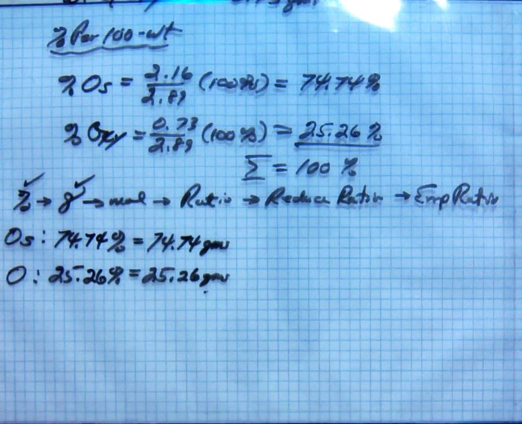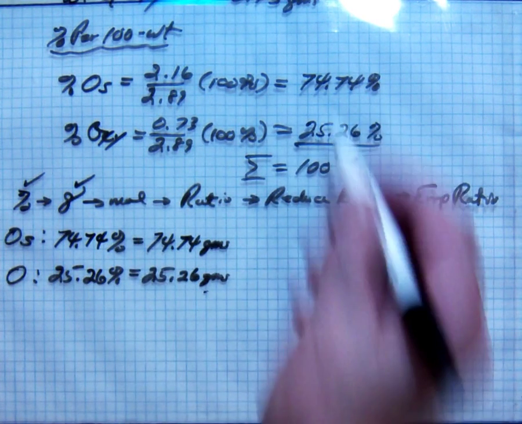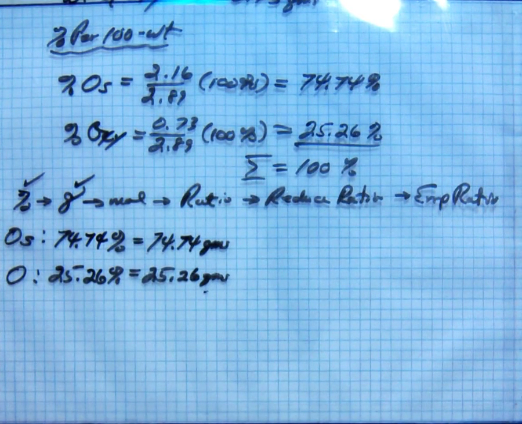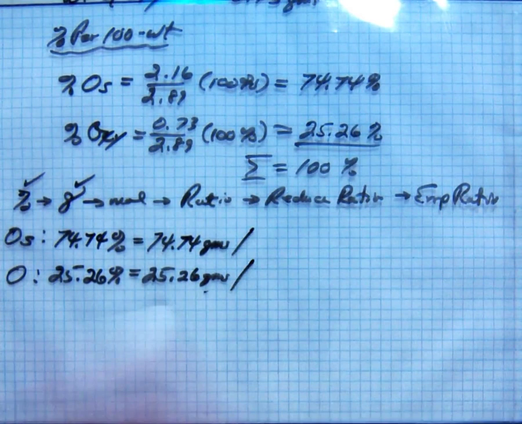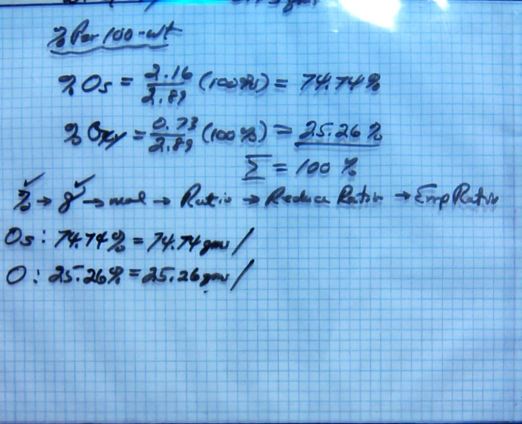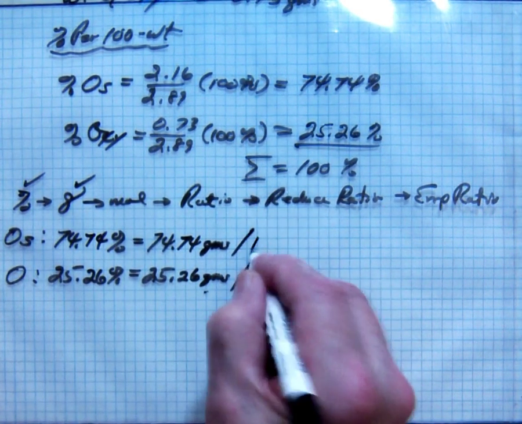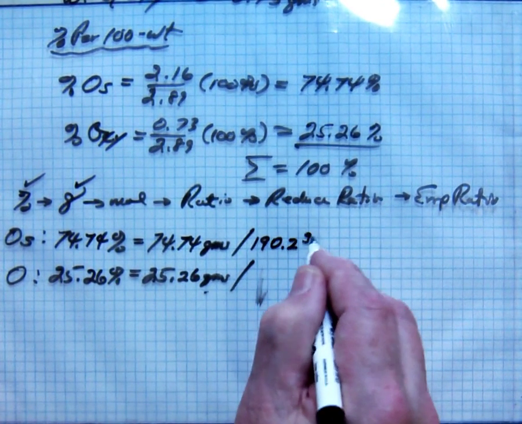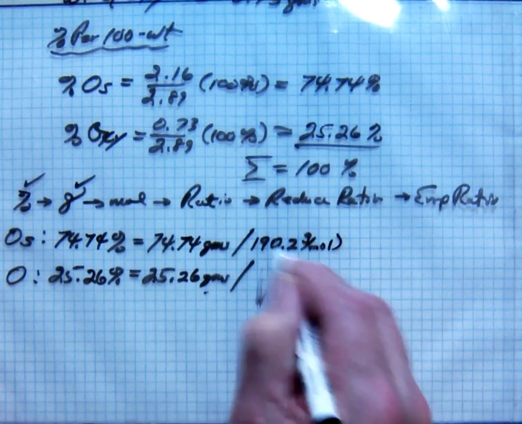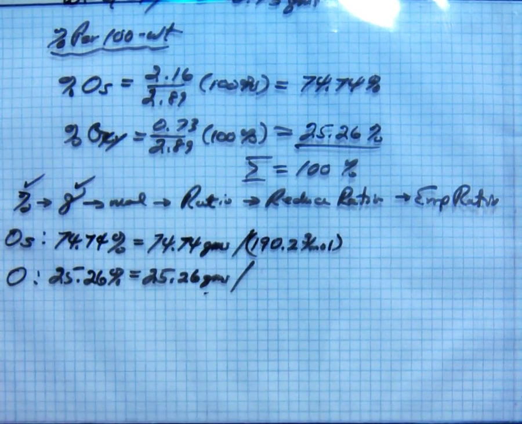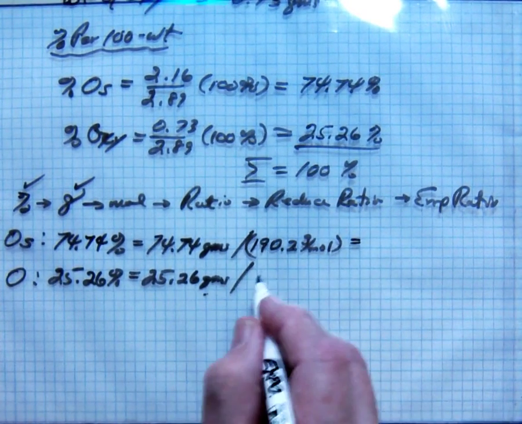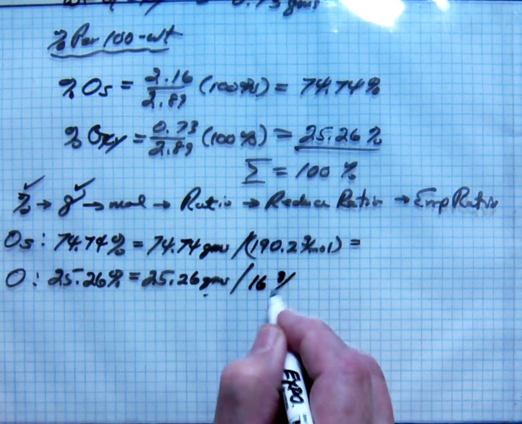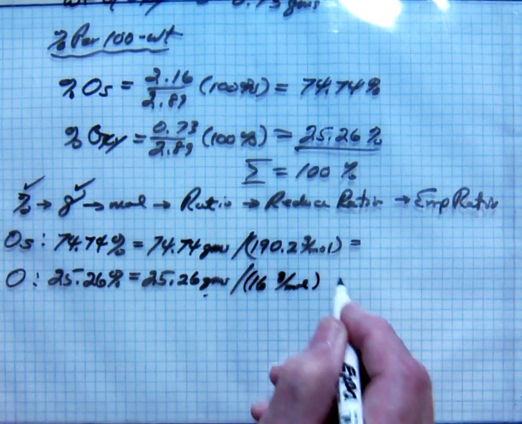Now, what do I have to do? Go to moles. Well, I have to divide each one of these by the formula weights, 190.2 for the osmium, and 16 for the oxygen. Now, what I typically do is I just put a slash right there because I know I'm going to have to divide by the formula weight, and it's 190.2 grams per mole. And just keep it separated. And then I'm just going to go 16 grams per mole, keep it simple, right there.